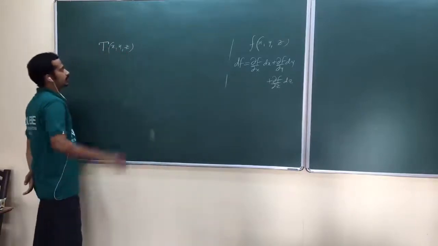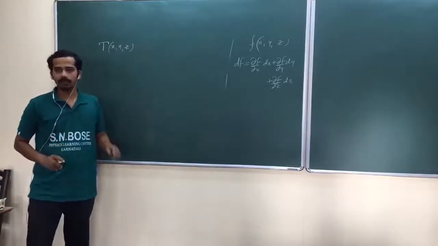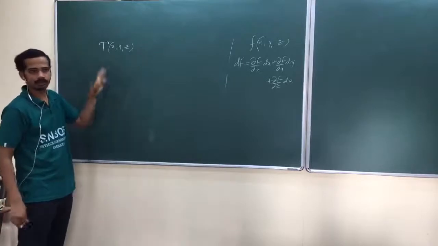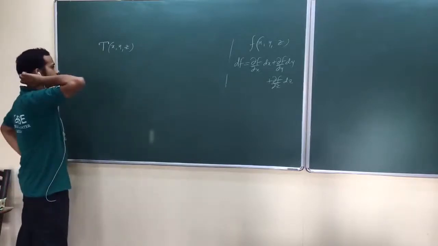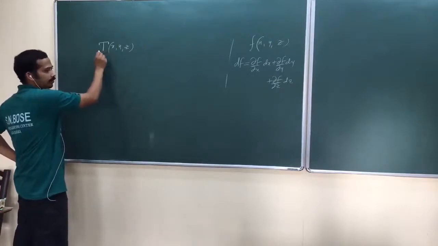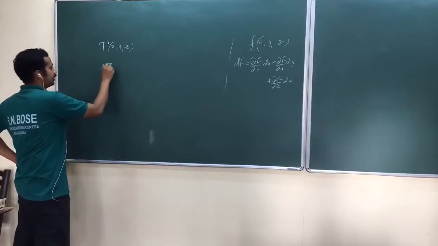So temperature is a function of x, y, z. Ultimately I have to generalize the whole story. So when I have any scalar function which is a function of three variables, I can define dT.